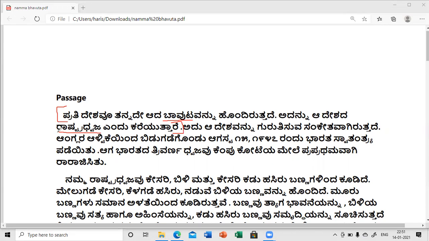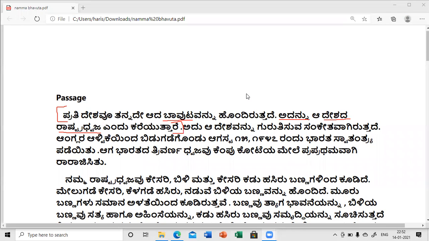The place where I get this word ರಾಷ್ಟ್ರಧ್ವಜ, together with ಅದನ್ನು, means that particular flag is called the national flag. So you locate the answer this way: go to the place where this word is given and read that sentence, or maybe the previous sentence as well, to help you better understand. That's all.